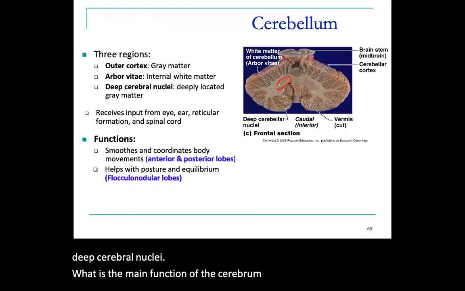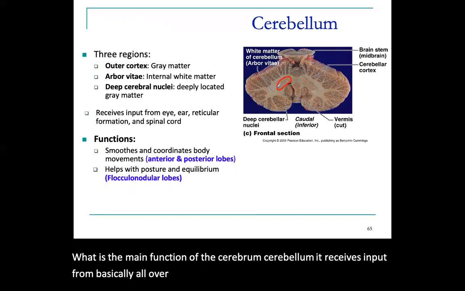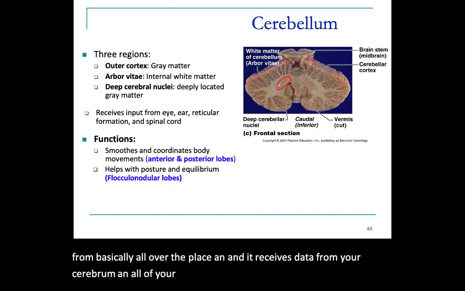What is the main function of the cerebellum? It receives inputs from basically all over the place. It receives data from your cerebrum and all of your senses, and it coordinates your movements.